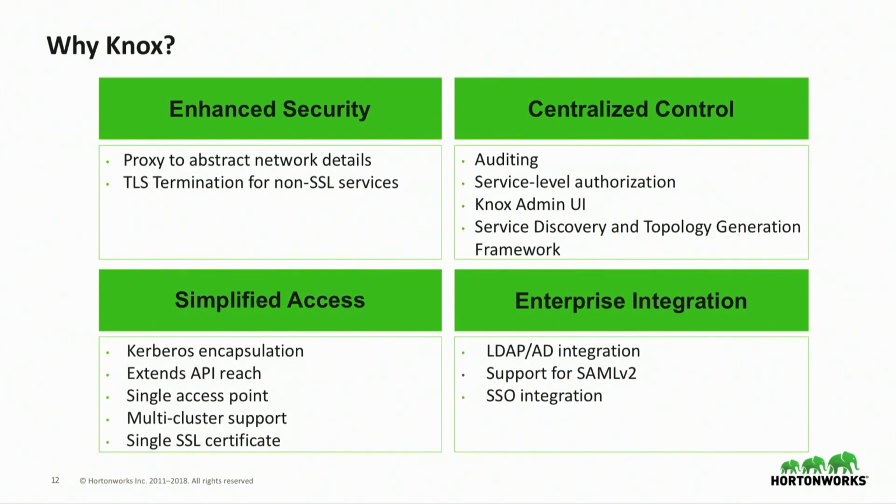All right, and we have also added a few features to simplify the setup and the configuration for the Knox gateway. The Knox admin UI and the service discovery and topology generation framework. Pretty cool features. And that's about it for this slide.